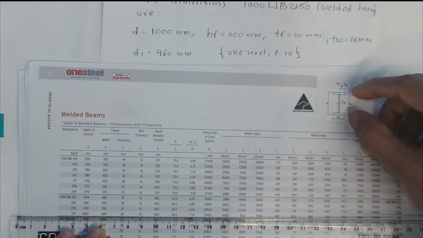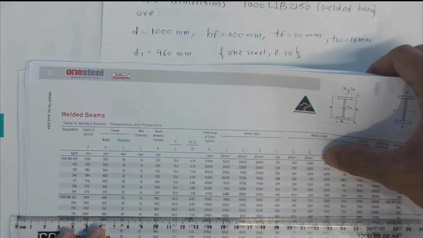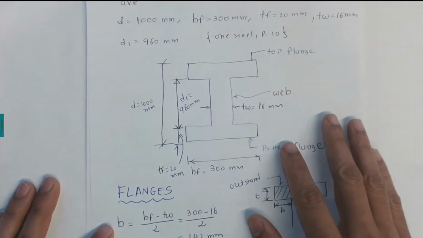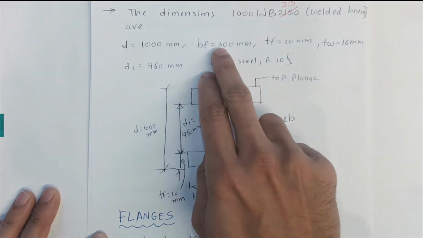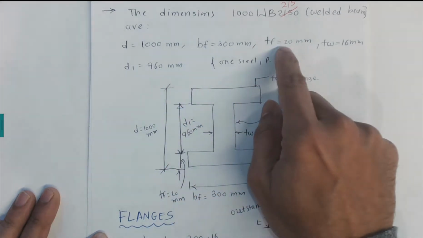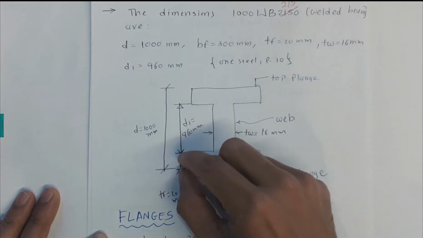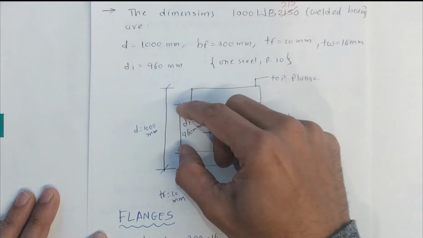That is just the depth of the web from the One Steel tables. We can also demonstrate this on the figure: 1000 millimeter depth, width of the flange 300 millimeters, thickness of the flange 20 millimeters, thickness of the web 16 millimeters, and D1 960 millimeters.